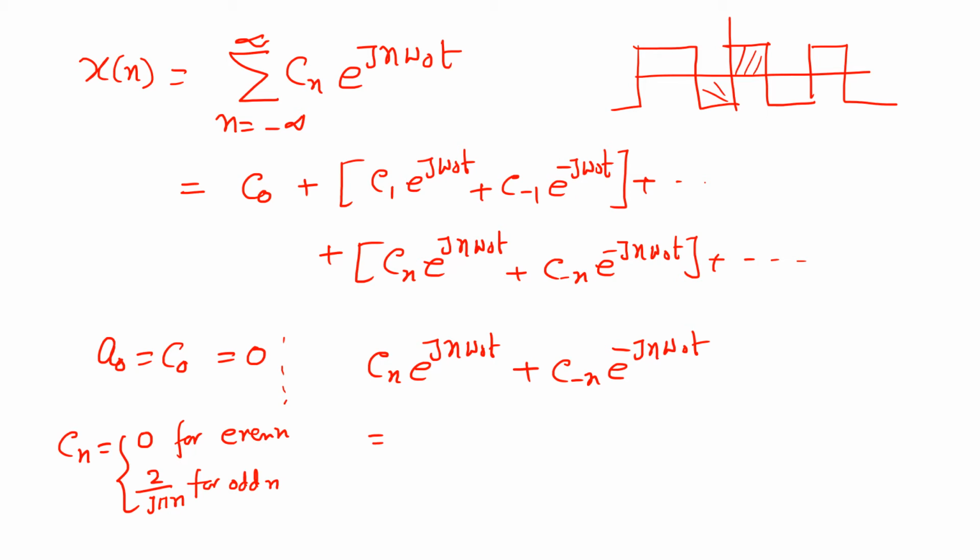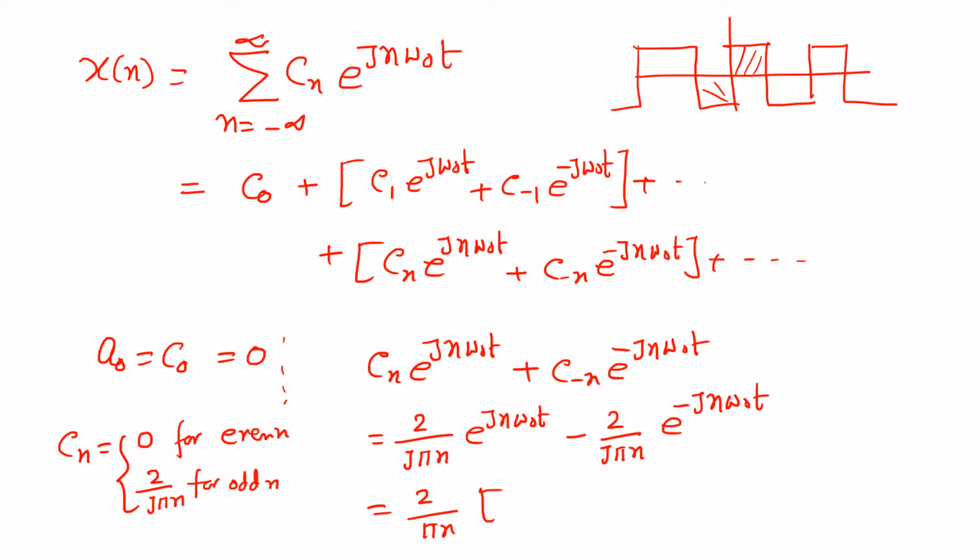For this one it is 2 upon j pi n e to the power j n omega naught t, and for C of minus n, n is replaced by minus n, so it is minus 2 upon j pi n, and it is e to the power minus j n omega naught t. If we combine these two, so 2 upon pi n here.